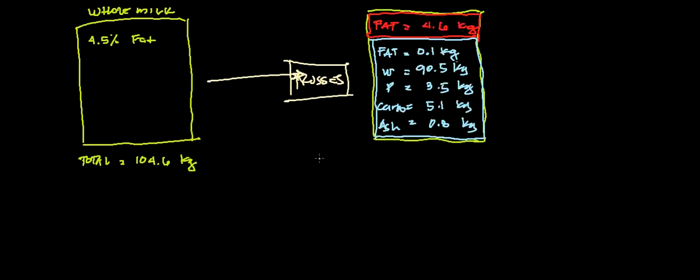So from here, our skim milk has 0.1, and the fat that is being removed is 4.6. By using the balance, our initial fat here must be 4.6 plus 0.1, which is 4.7 kilograms, right?